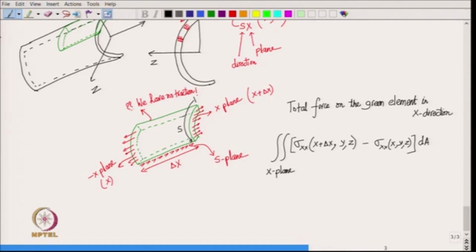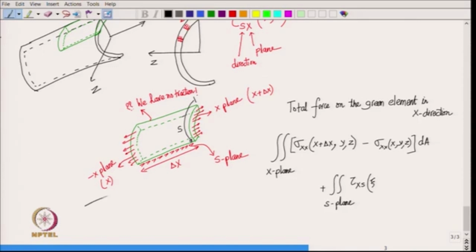And then we also have the S plane. So, on the S plane, we have tau x s, and this is a function of zeta, the x coordinate, we have to denote it with zeta.